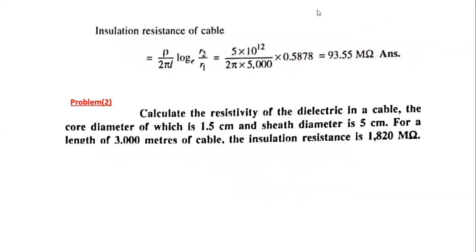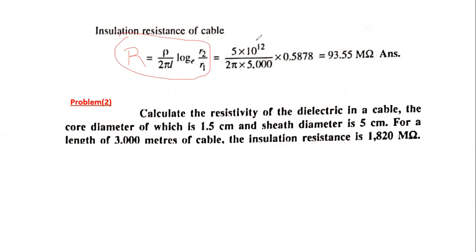Next, we calculate the insulation resistance of the cable. What is the formula for insulation resistance? R is equal to rho by 2 pi L log e R2 by R1.